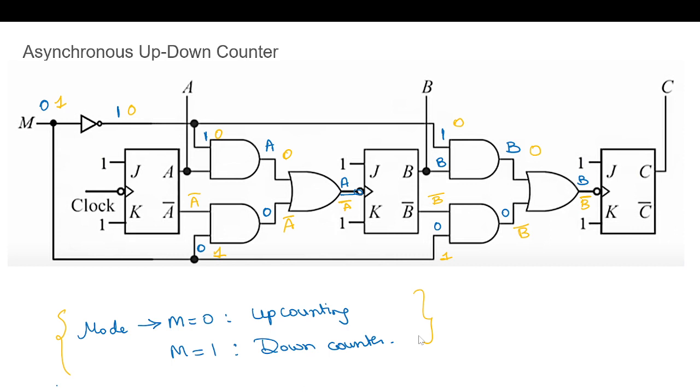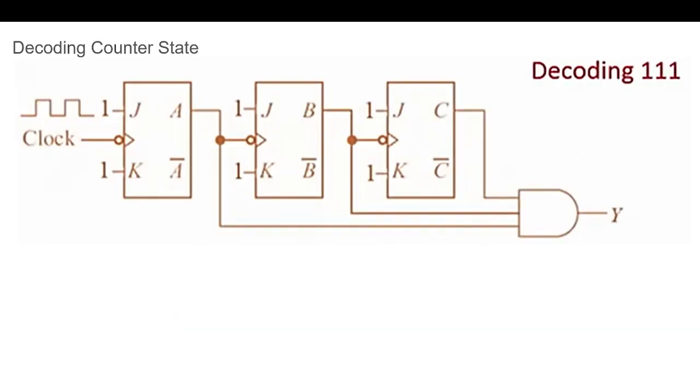Okay. Next, we will see the decoding counter state. Here we have a decoding logic, this gate.